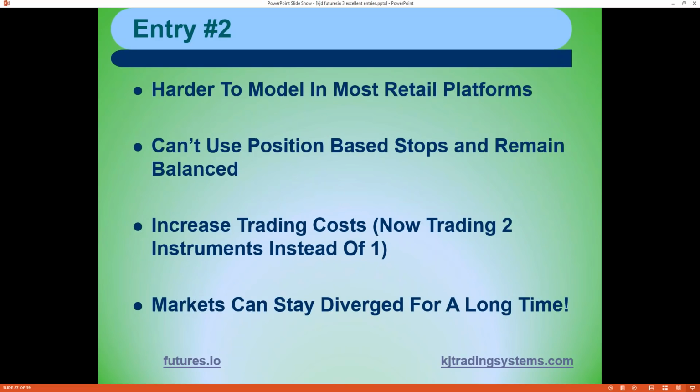The problem is, with most retail platforms, it's hard to do this. It's hard to model, because you have to be short and long. I'll show you how I did it in Tradestation, but it's a little trickier to test. You can't have standard stop losses, because they're usually based on a particular market.